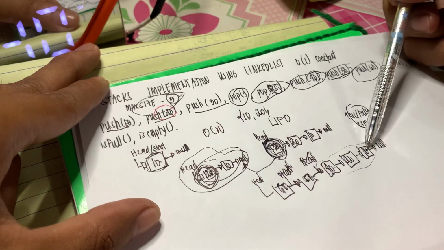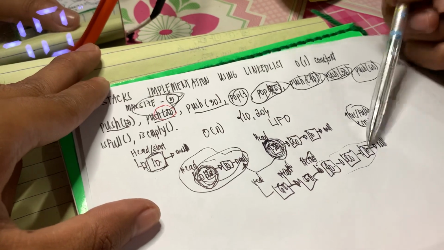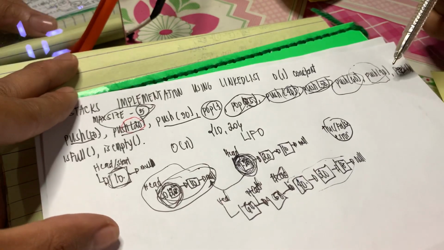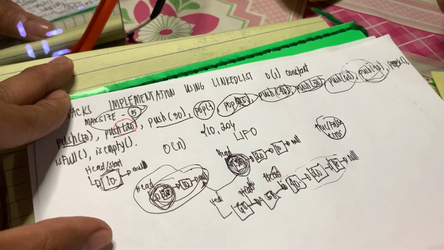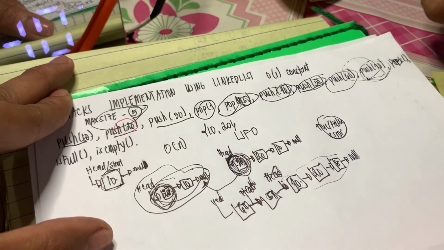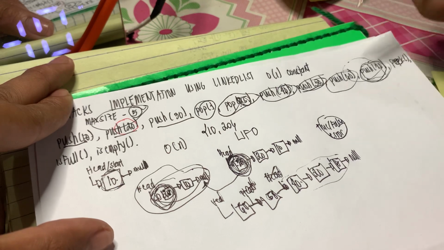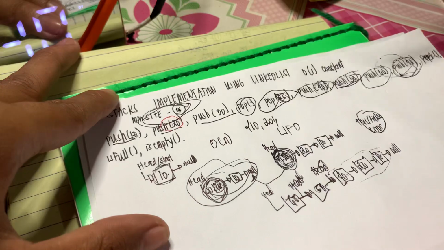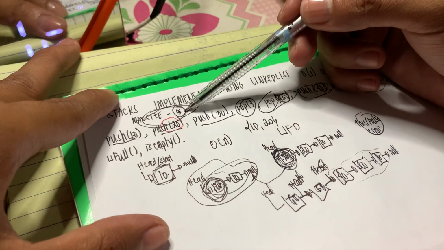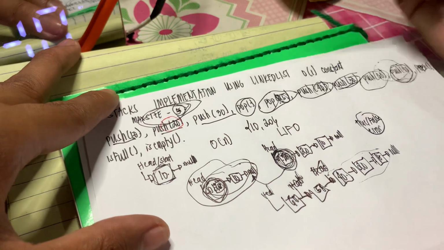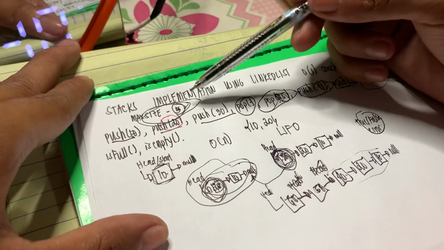Here, look, we do have 5 elements already. Then here we are pushing another element, which is 70. If we push 70, that is not feasible already. Why? Because we declared that we can only store a maximum size of 5 in our linked list, for our stacks.